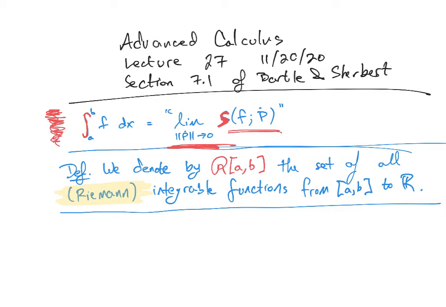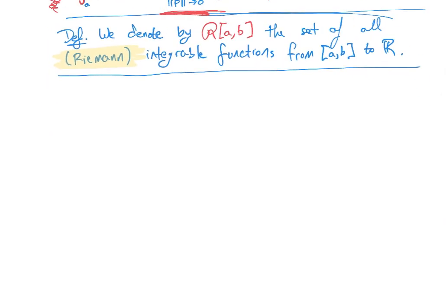Now we have 3 theorems. So let's get started. Actually, I think we have 3 results. Only 2 of them should be called theorems. Okay, so the first one tells us about the linearity properties of the integral.